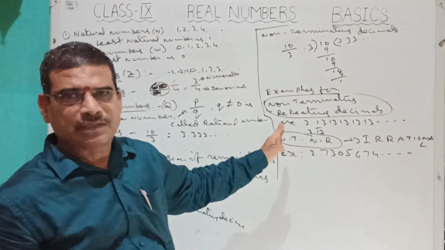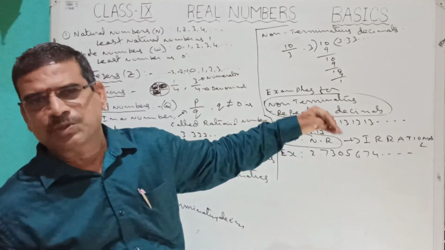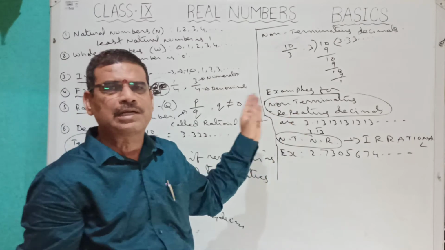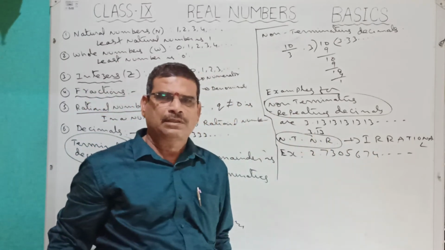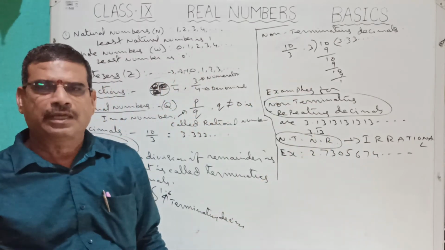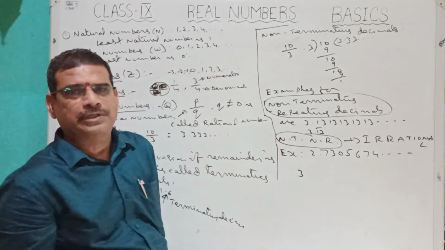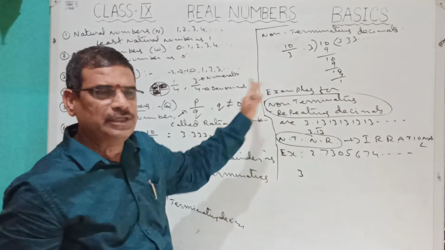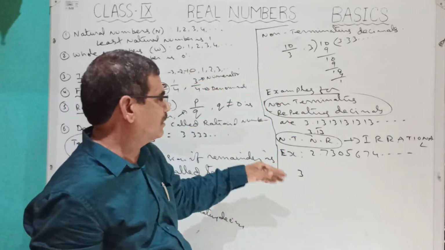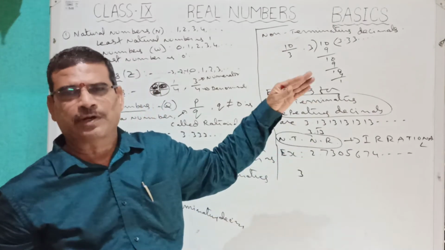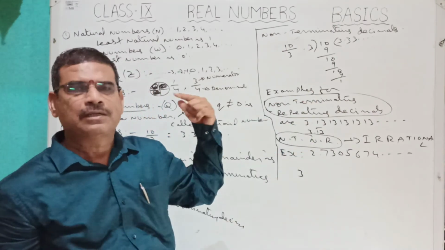For an irrational number, the decimal system has no ending point and no repeating numbers. In another way, we can say, if a number has a fractional exponent, then it is called an irrational number.